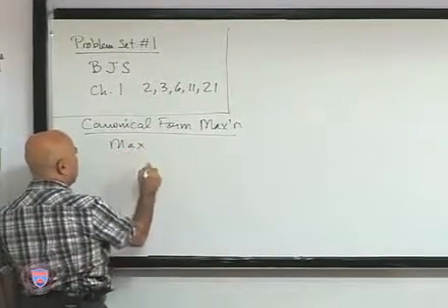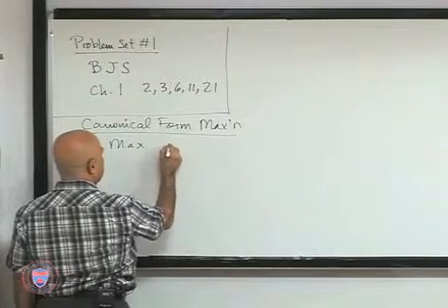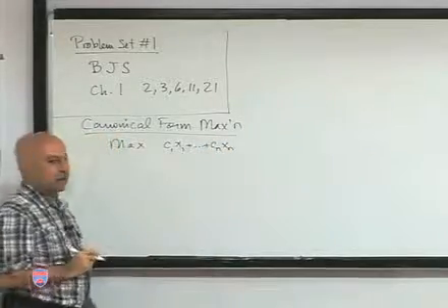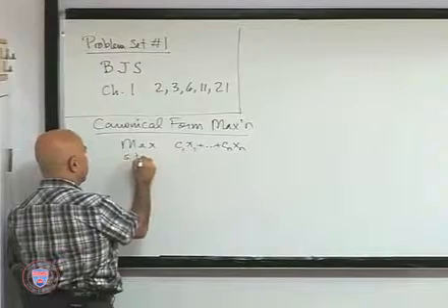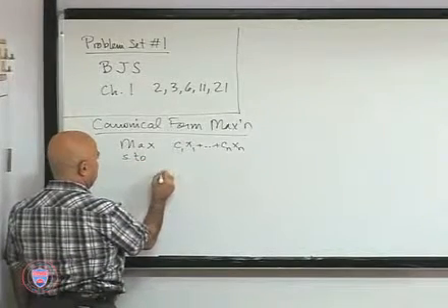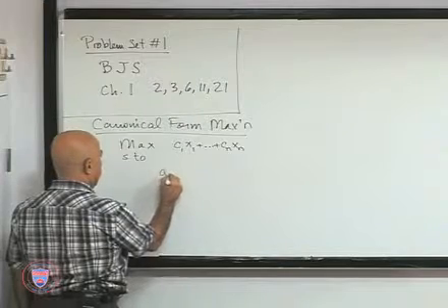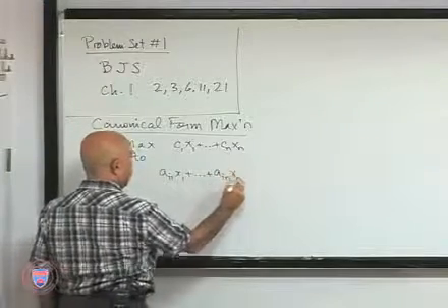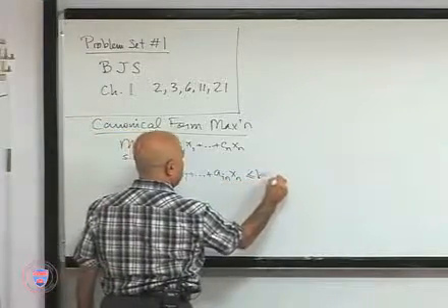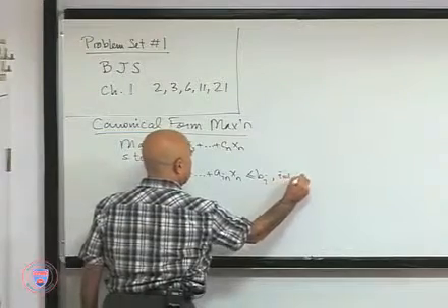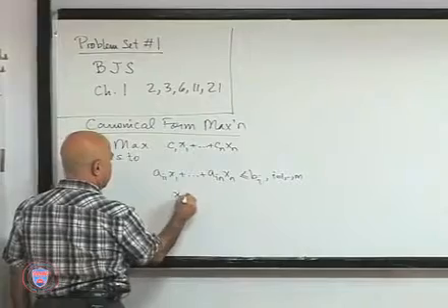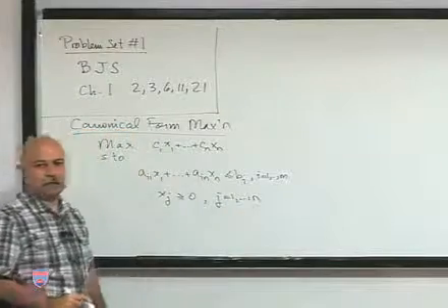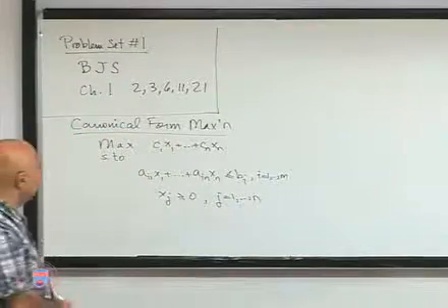It was the maximization of an objective function c1x1 plus up to cnxn, subject to the conditions that say that we have ai1 x1 plus up to ain xn less or equal bi. This is for i going from 1 to m. And then all the variables are non-negative. This was the canonical form maximization problem, which you already have in your notes.